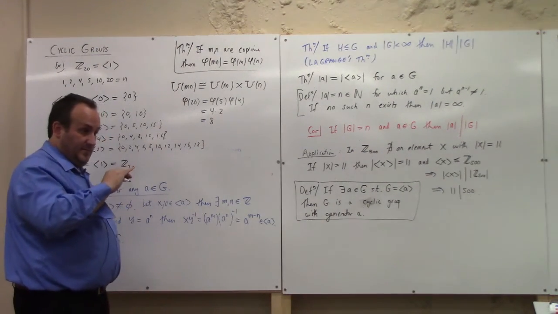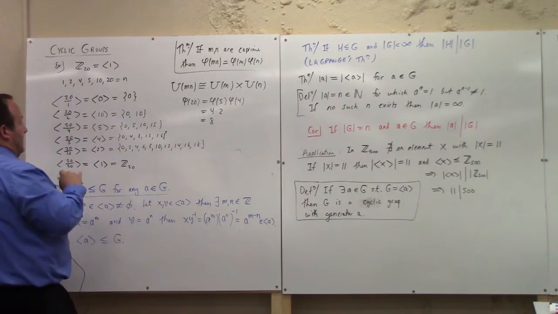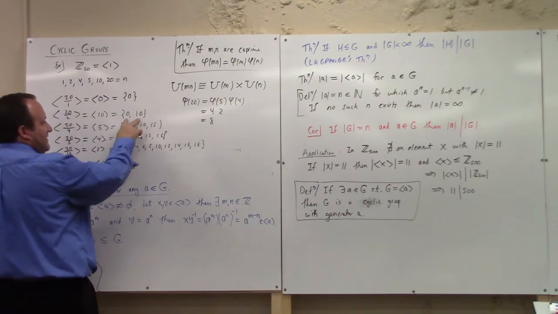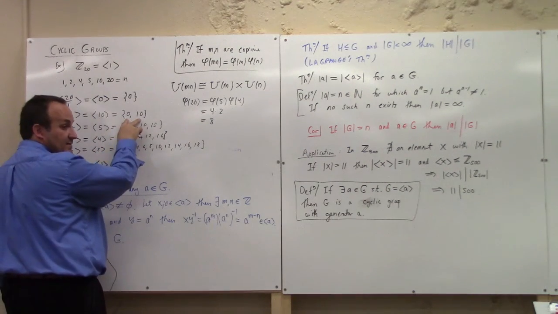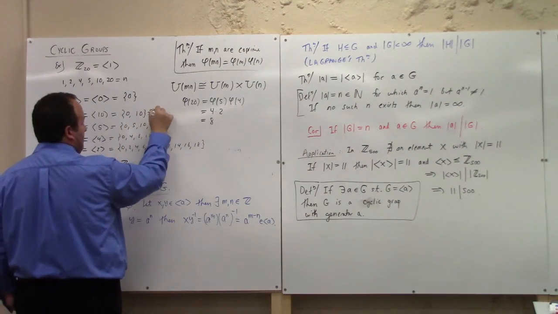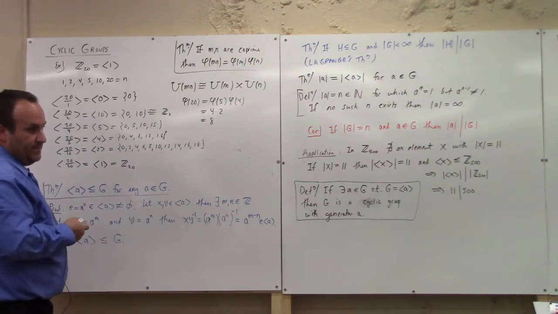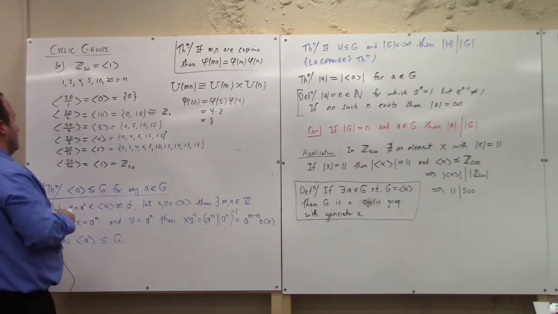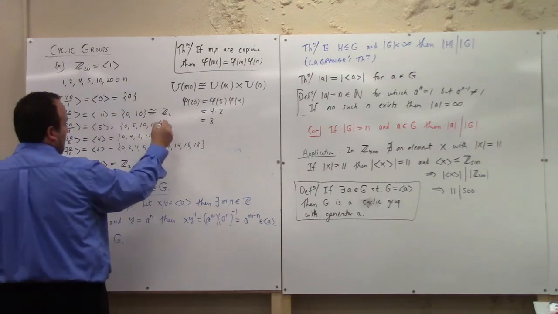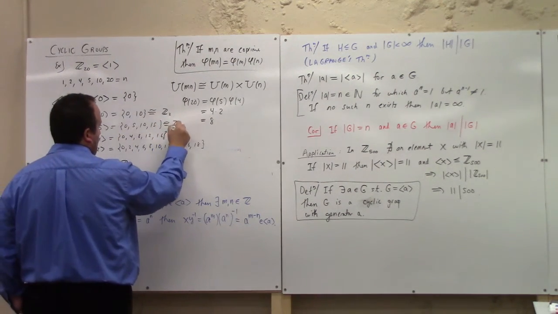Because this is a cyclic subgroup with 2 things in it, this is isomorphic to Z mod 2. And that gives you 6. And then what about 4? This is isomorphic to Z4.